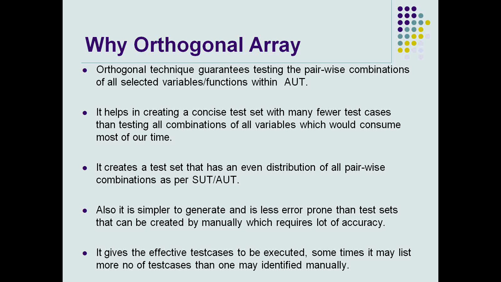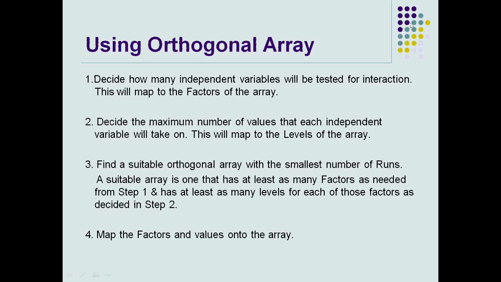Orthogonal array gives the effective test cases to be executed. Sometimes it may also reduce the number of test cases that one may identify manually. So these are some of the reasons why we would need orthogonal arrays. Now let's jump in to see how this can be done.